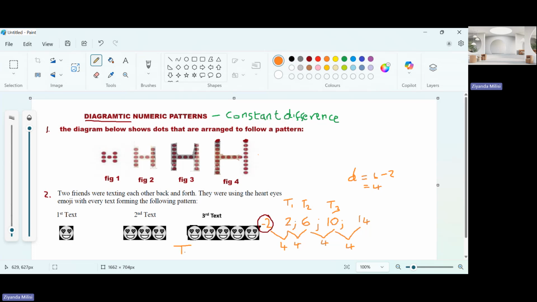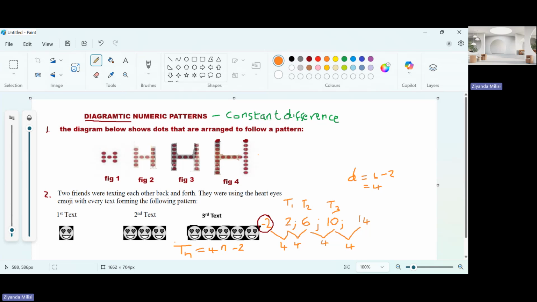It's Tn. The constant difference is what? It's 4n. What term comes before T1? It's negative 2. All right, that's how you work out your general rule.